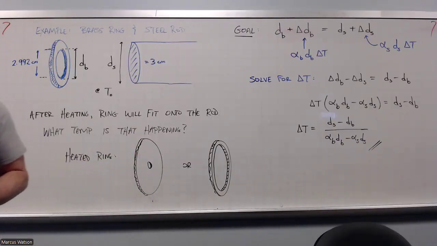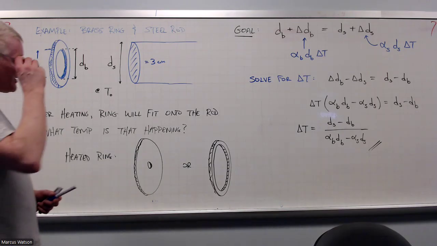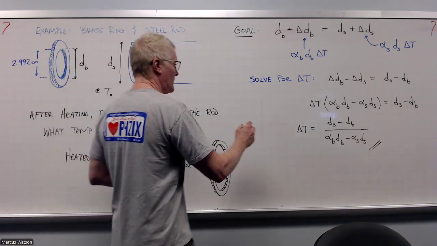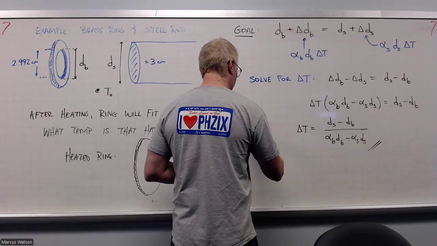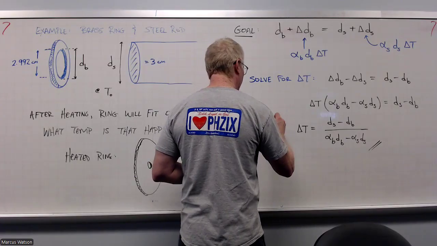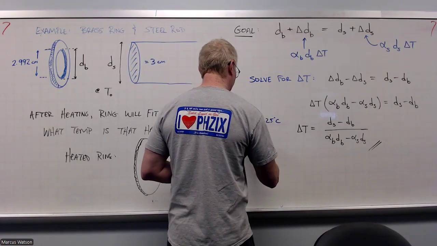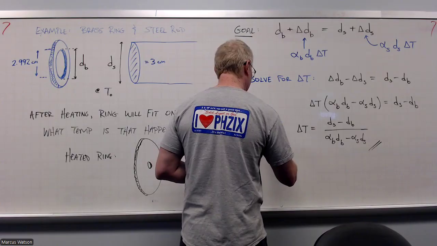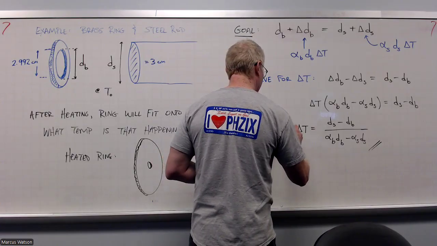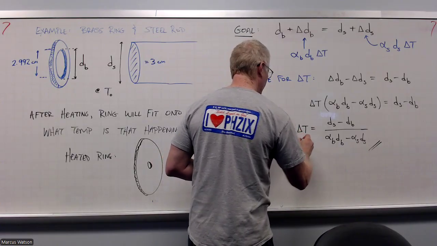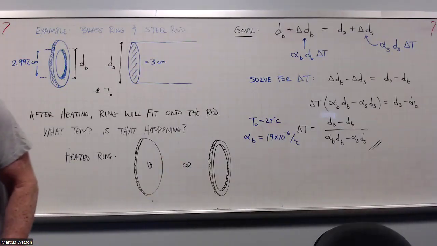Let's take a look. What did I have for my initial temperature? We'll start at T naught equaling 25 centigrade, and we can look up the alpha of brass and the alpha of steel. Alpha of brass is 19 times 10 to the minus 6 per centigrade. Let me make sure I'm writing this number down right.